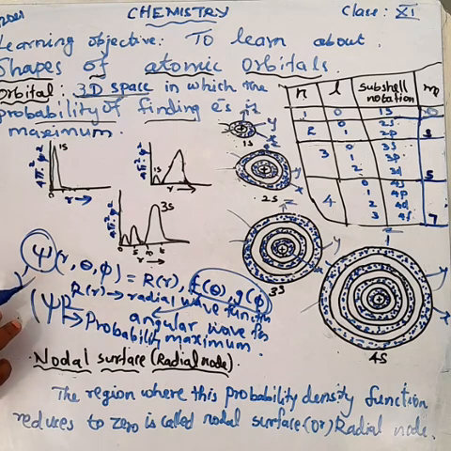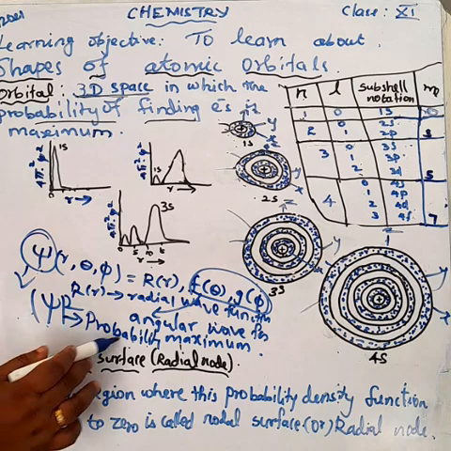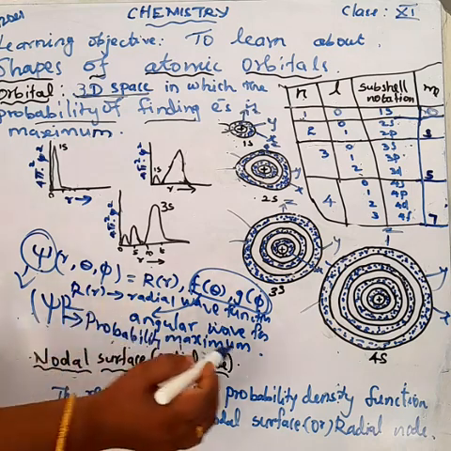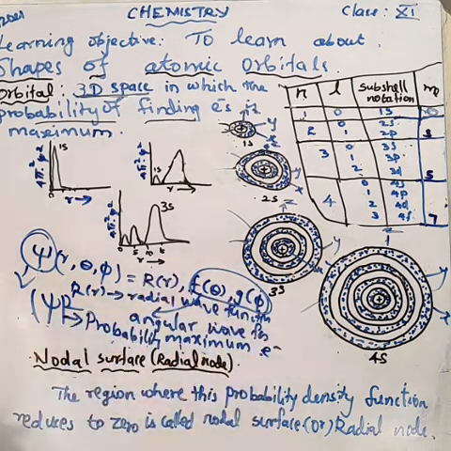Psi by itself has no physical meaning, but when we take the square of psi, we can find the maximum probability of electrons.